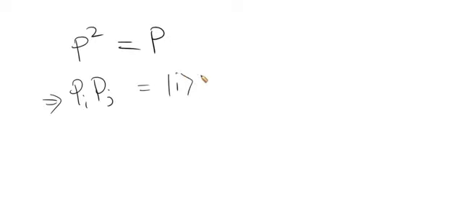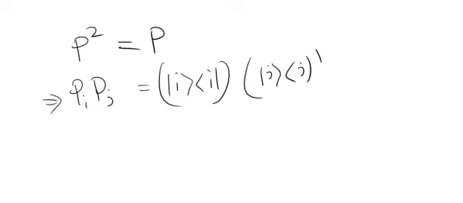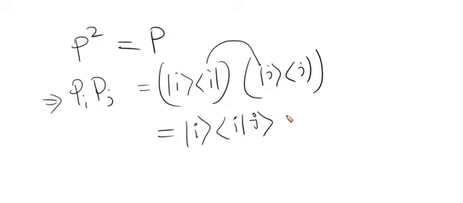So Pi will be denoted by this and Pj will be denoted by this. And since these are orthonormal basis vectors, you can use the bracket sandwiching, but here you have to be a bit careful. First you want to sandwich these two guys that are in between, that is ⟨i|j⟩. Now this is an inner product, so that's a number.